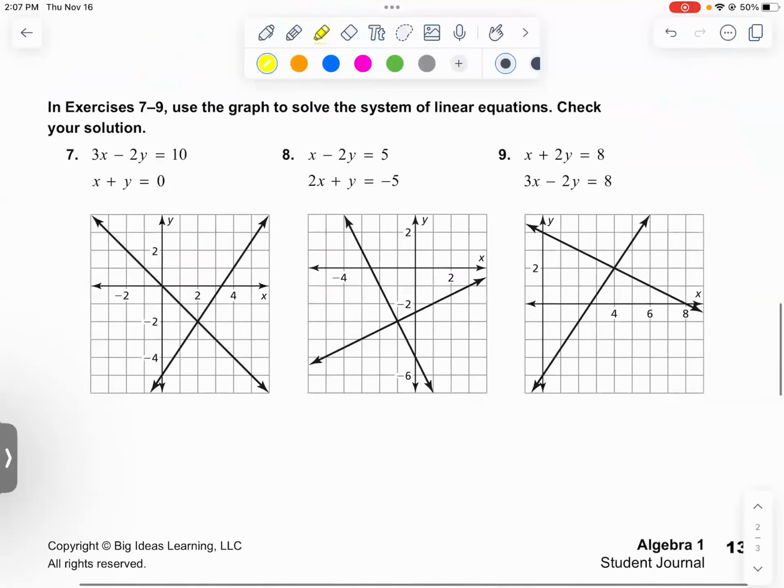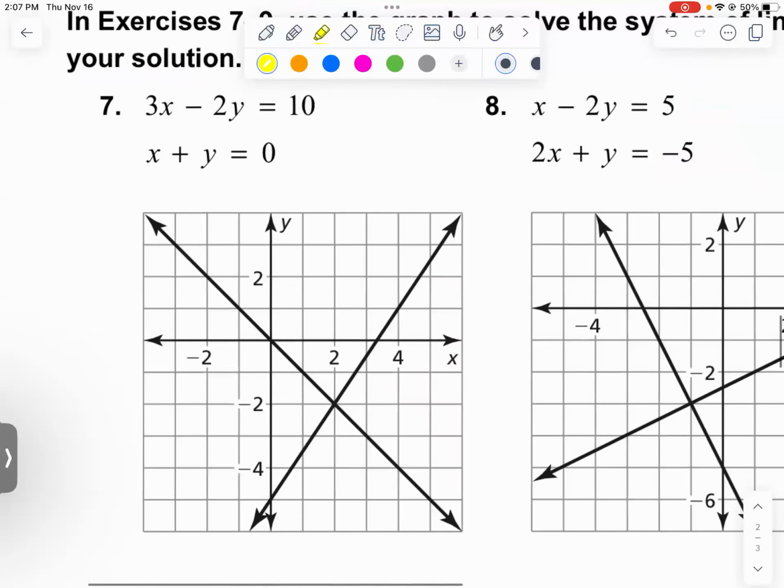You don't remember. Okay, so go to number 7 on this next page. Here the lines are already graphed. Our answer is where they intersect. Where is that happening?